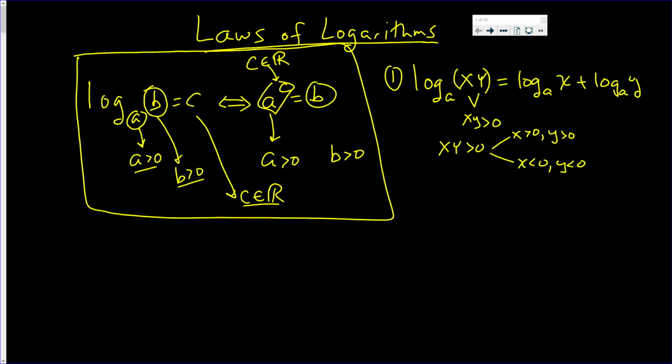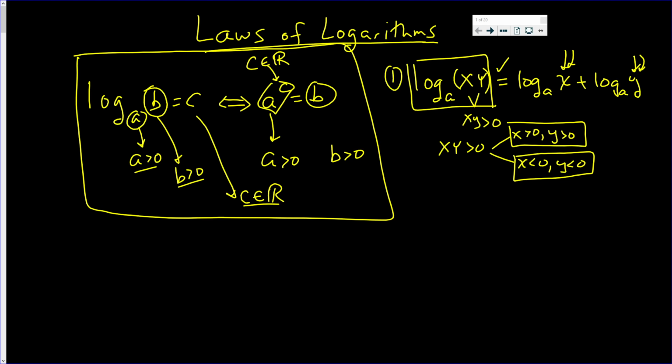Now, if x and y are positive, then this equal sign is valid, because that's positive and that's positive. But if x and y are both negative, then you can't take the log of x. You can't take the log of y, because they're not well defined. The left-hand side is well defined, but the right-hand side will not be well defined.